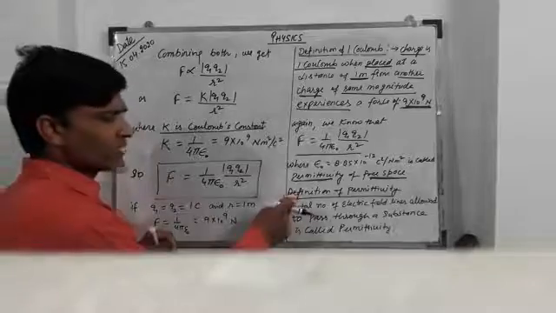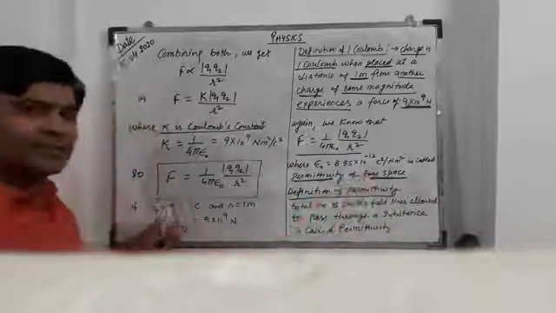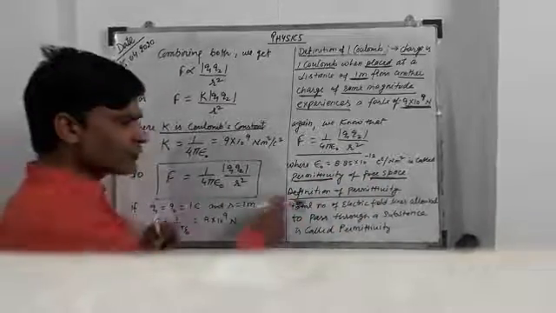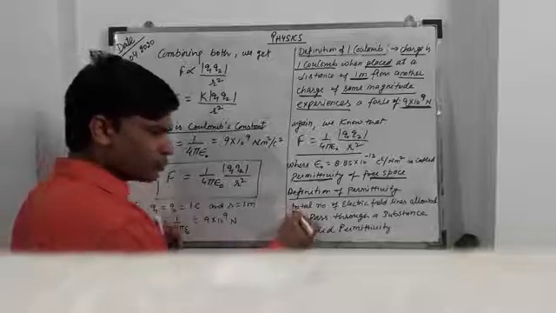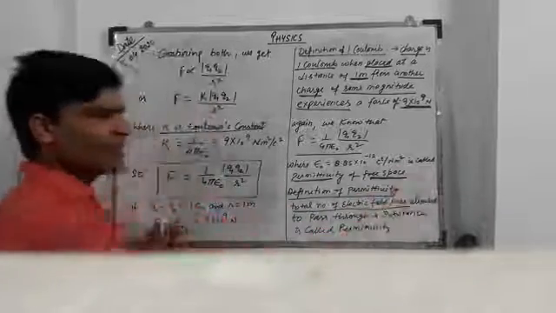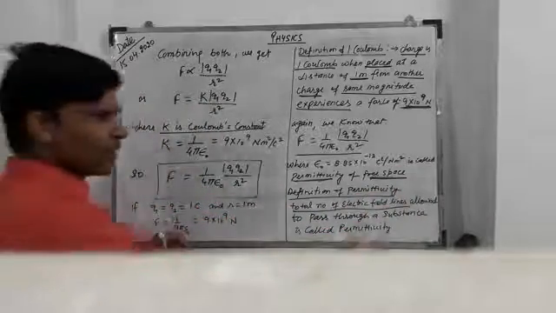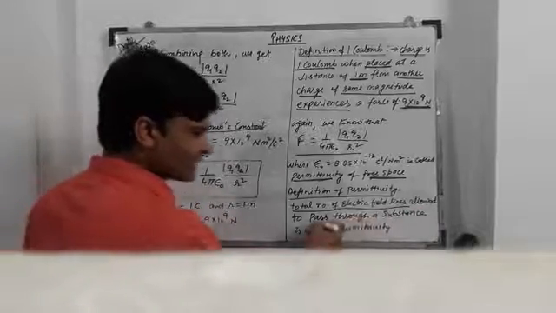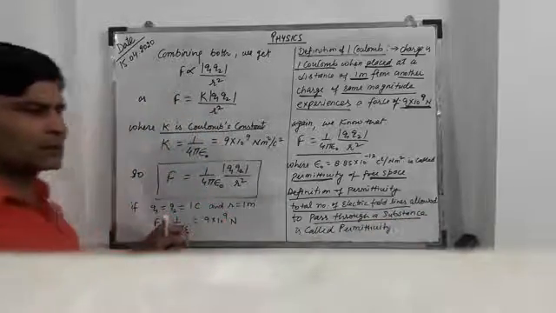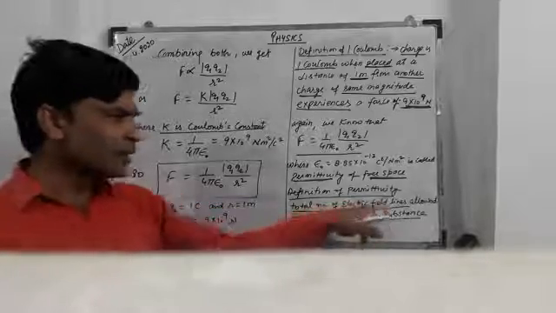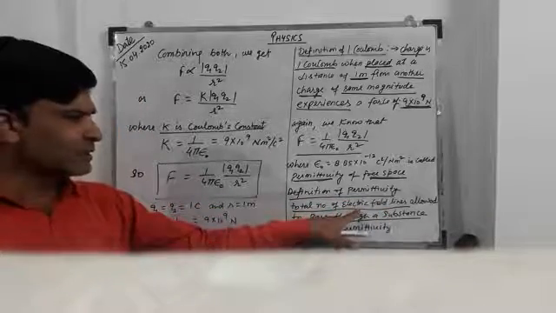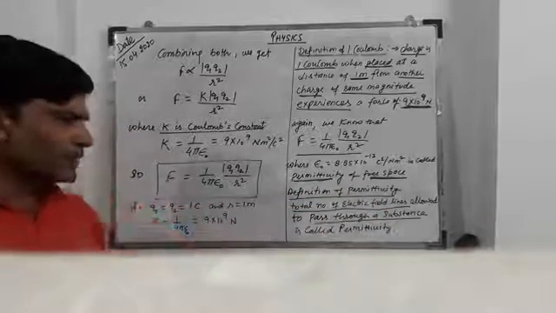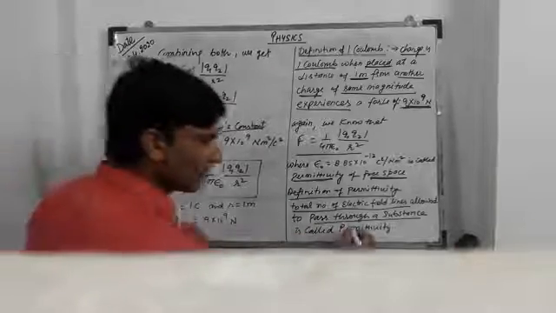The definition of permittivity is the total number of electric field lines allowed to pass through a substance. If a substance allows the lines to pass through it, then this is called permittivity.